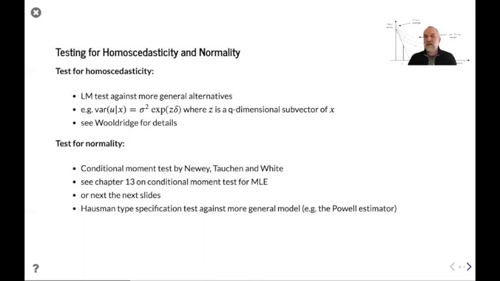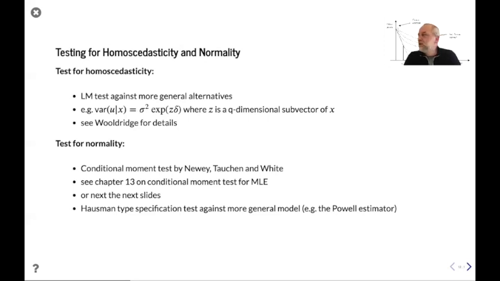It may be a more complicated likelihood, but in principle it's possible if you want to allow for heteroscedasticity in a specified way. You do a likelihood ratio test between the two specifications. There's a lot of details in Wooldridge, and I'm not going to spend so much time on this.